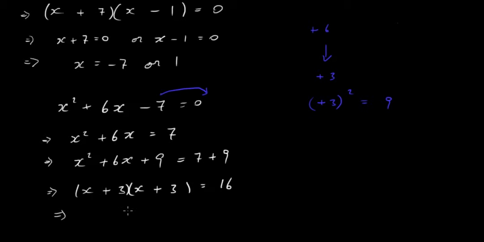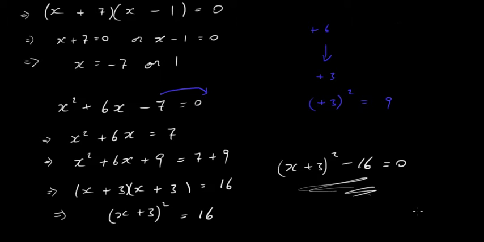So what we've actually ended up with here is x plus 3 squared equals 16. Or you can write that as x plus 3 squared minus 16 equals 0. This is our completed square form of our quadratic equation. It's exactly the same equation, it's just written a different way.